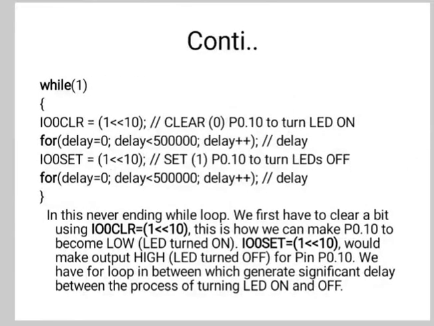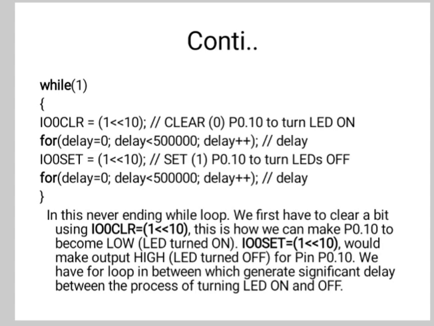Next is the while loop. In this never ending while loop, we first clear a bit using IO0CLR. So we clear P0.10 to turn the LED on. This is how we make P0.10 become low, LED turn on.